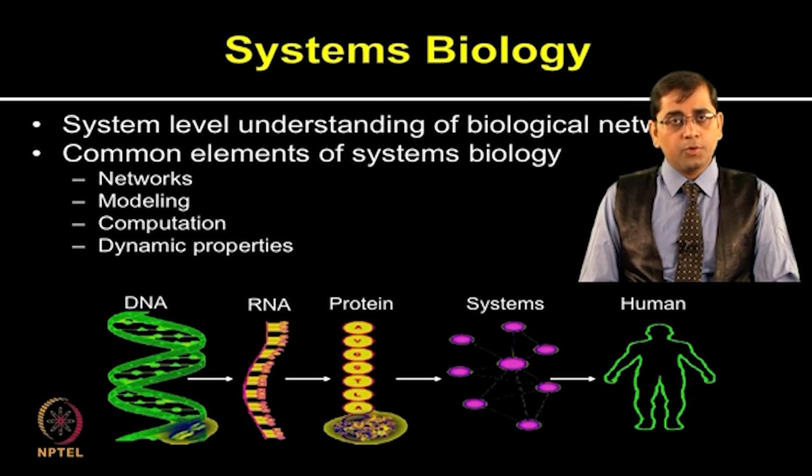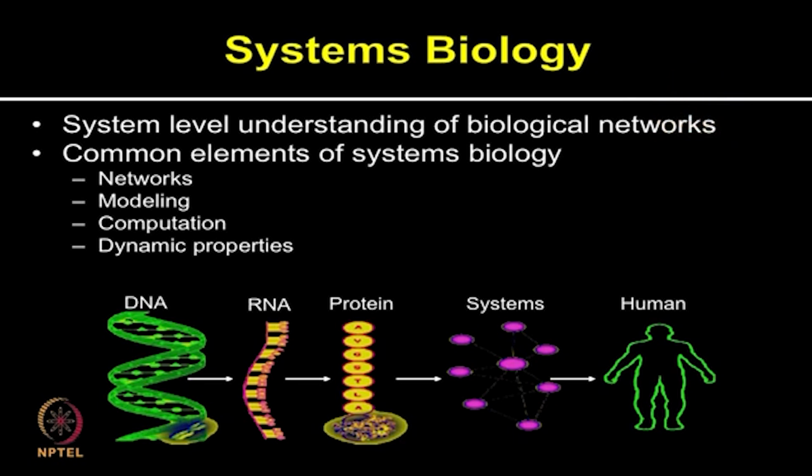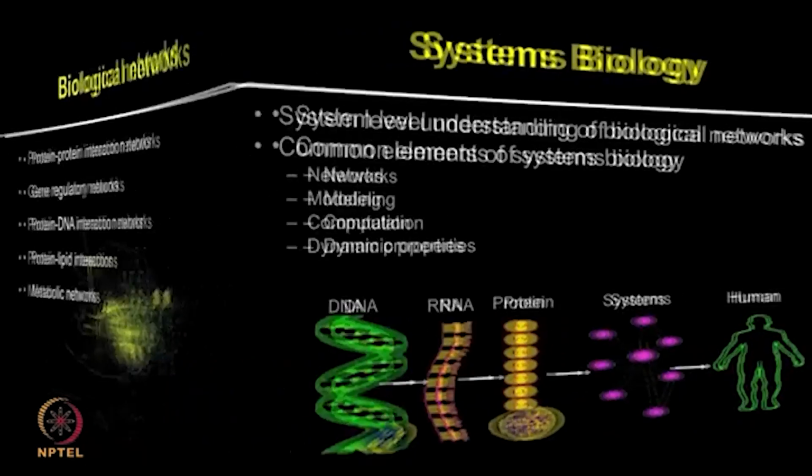These networks provide insights which cannot be analyzed from the isolated components of the system. The common elements of systems biology include networks, modeling, computation and dynamic properties.